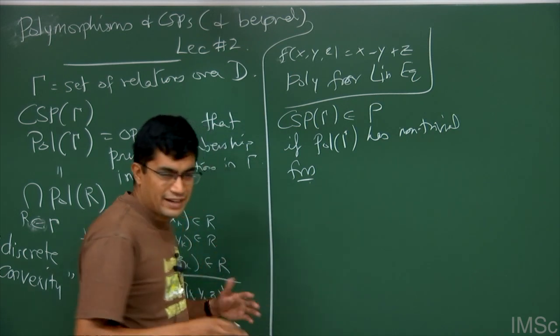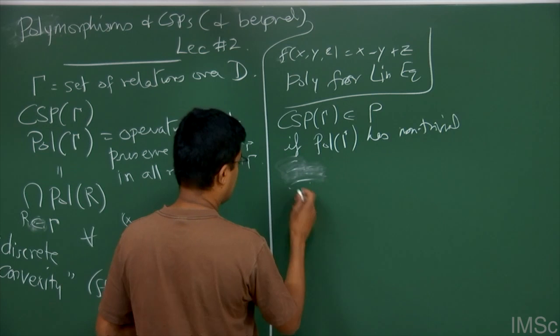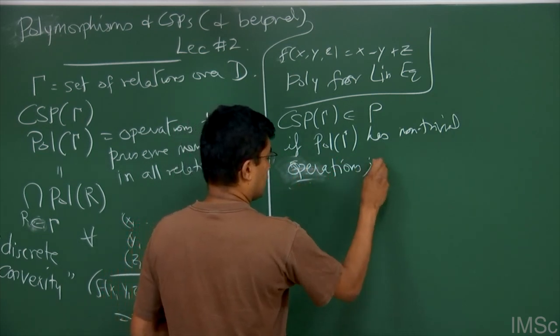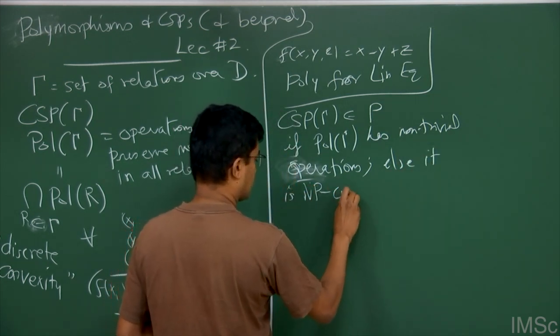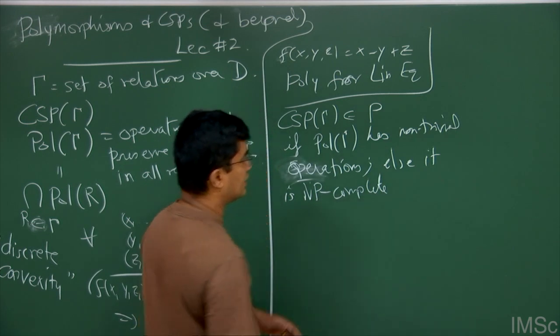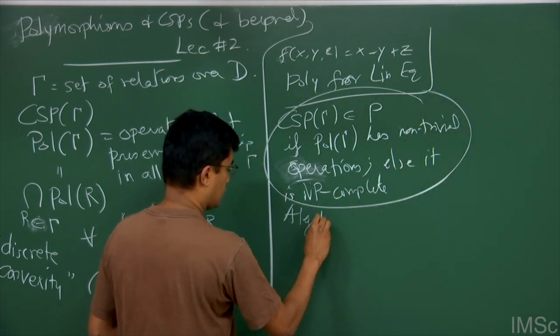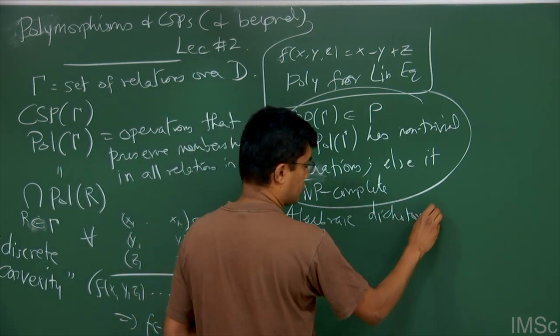Roughly think of non-trivial as non-projections, though it's a little more nuanced for non-trivial operations. Else, it is NP-complete. And this is the algebraic dichotomy.